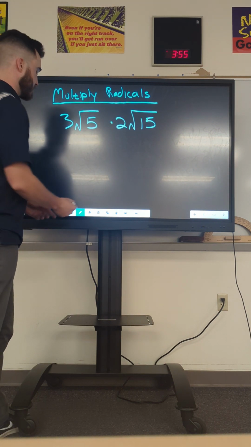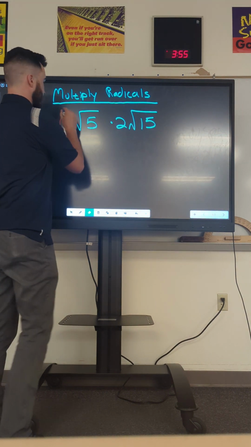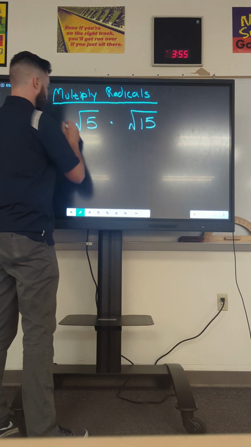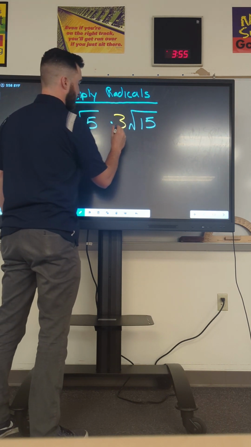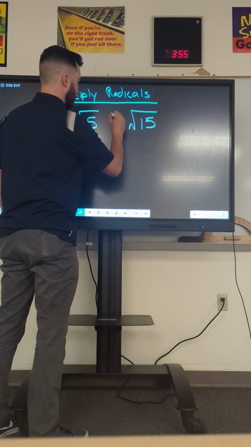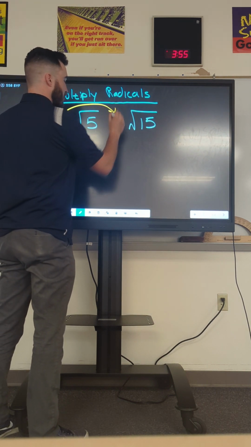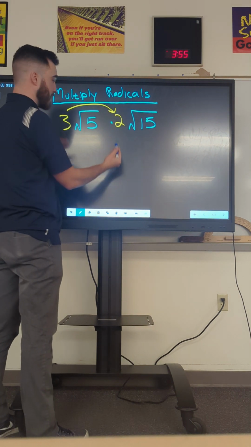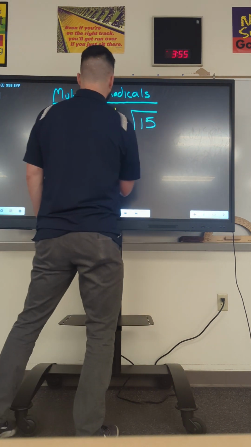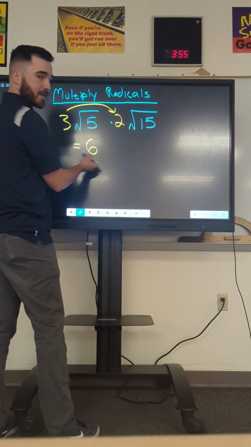In this case, I'm going to color code this for you to make your life a little bit easier. You are going to multiply your coefficients together, so the numbers in front, the numbers on the outside get multiplied together to be, I'm just going to write it right here, 6. 3 times 2 is 6, right?